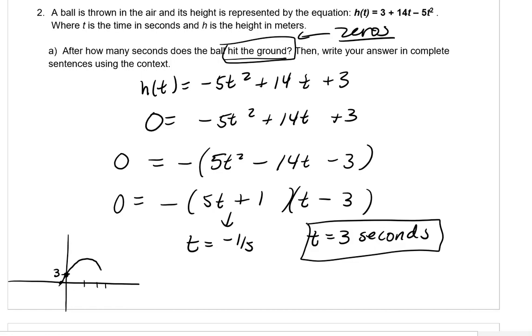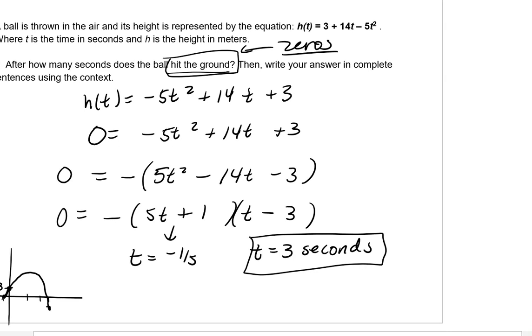So it goes on like that, but that's this going backwards. So in a sentence, it's going down at 3 seconds, or after 3 seconds has passed.